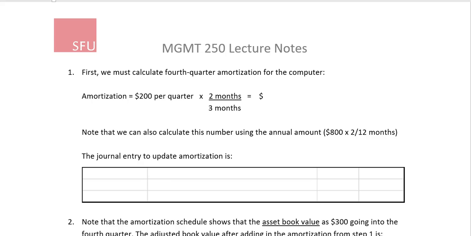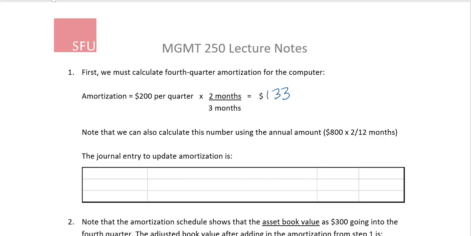And that's it. We sold the asset on December 1st. So 2 months have been completed. So we say $200 per quarter times 2 months out of 3 in that fourth quarter. And then we'll get 133.